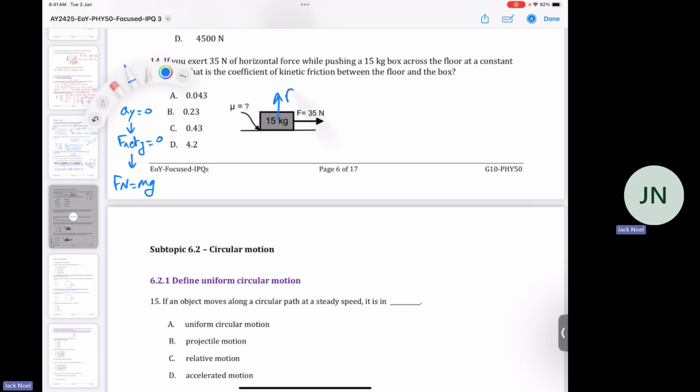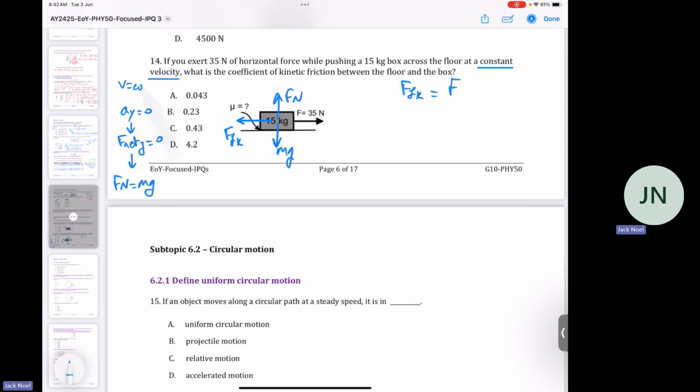This is Fn, this is mg, this is the force of friction, which is kinetic, and the kinetic force of friction is equal to the applied force, just for the reason that we have a constant velocity.